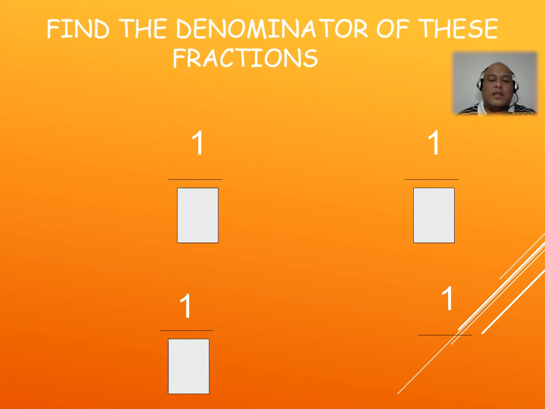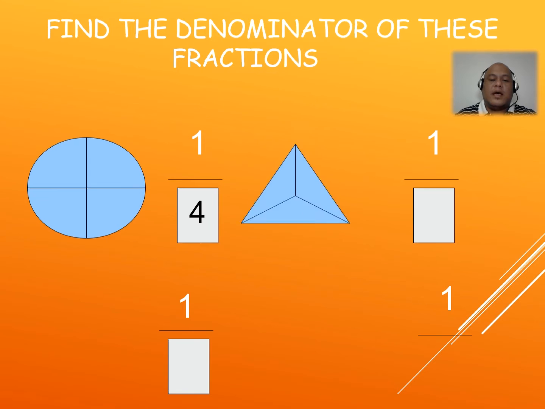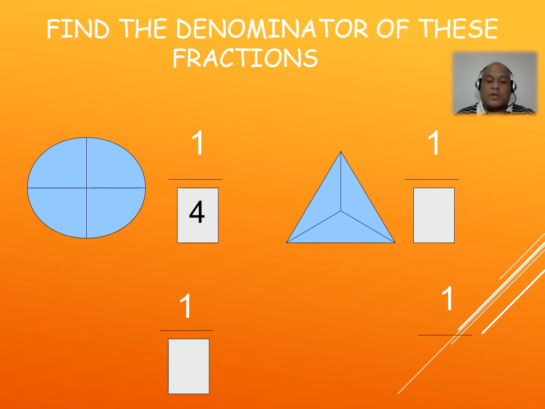Let's find the denominator of this fraction. This circle is divided into 4 equal parts. What is the denominator of this fraction? 4. Next is triangular prism. Triangular prism is divided into 3 equal parts. So what is the denominator of this fraction? 3.